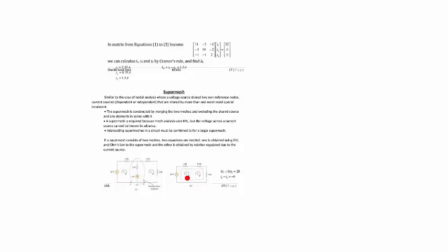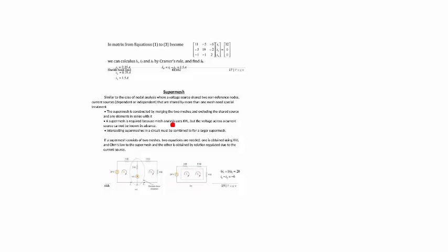And now let's look at another scenario of this, which is super mesh. So what is a super mesh? Just like what we saw in node analysis, that if there is a voltage source between 2 nodes, it becomes a super node.